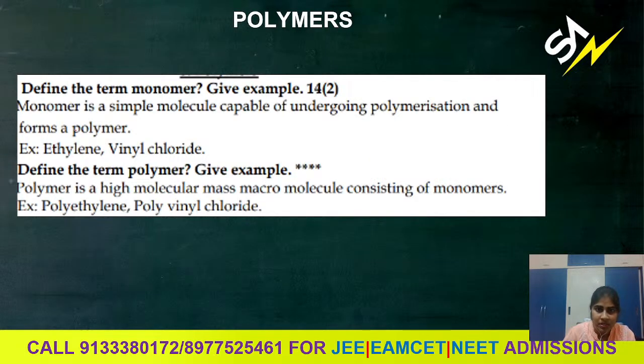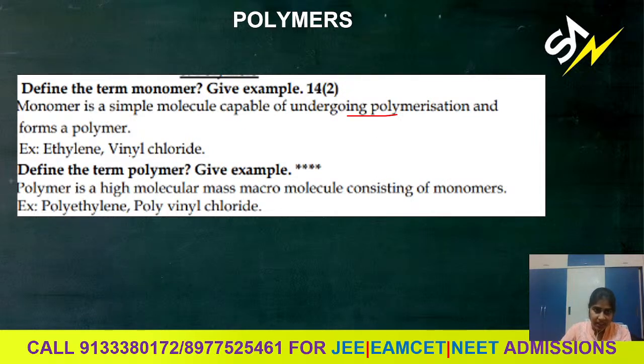And if you see questions from polymers, you can expect a few basic questions about the definition of the monomer and one of its examples. What is a monomer? It is a simple molecule capable of undergoing polymerization. This monomer multiplies to become a polymer.